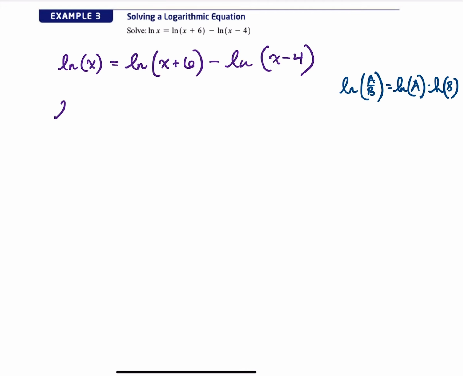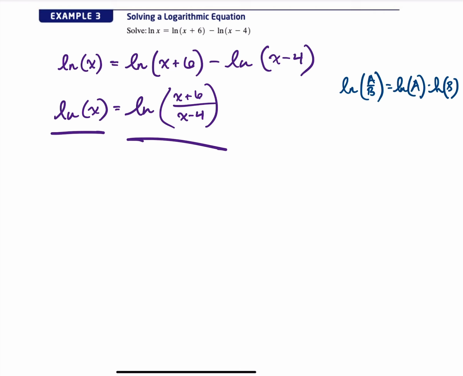So let's rewrite this as the natural log of x equals the natural log of x plus 6 over x minus 4. Cool, now we have logs with the same base on both sides, so let's just equate what is inside of them. I can say x equals x plus 6 over x minus 4.